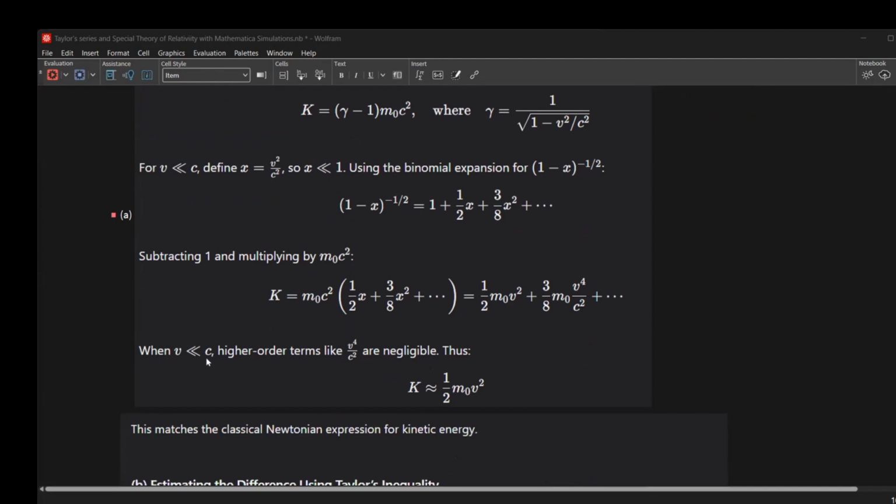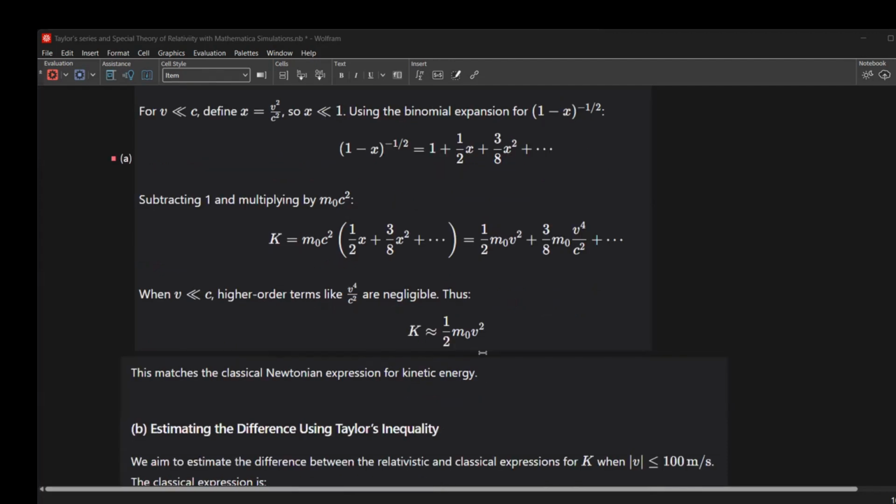So when the speed of the moving object is much less than the speed of light, higher order terms like v to the 4 over c to the 4 are negligible. Thus, the kinetic energy now becomes 1 half of m sub 0 v squared.